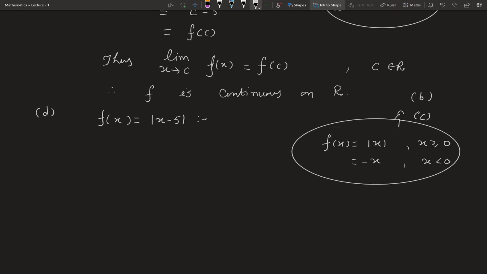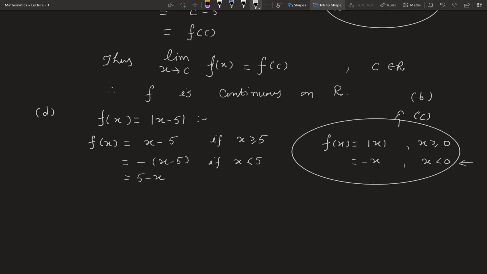So using this, here f of x equals x minus 5 if x is greater than or equal to 5, and its value is minus of x minus 5 if x is less than 5, and this is nothing but 5 minus x.